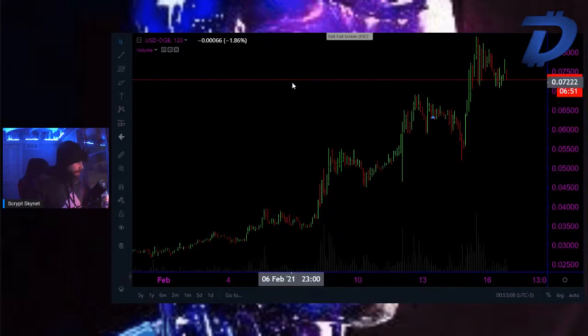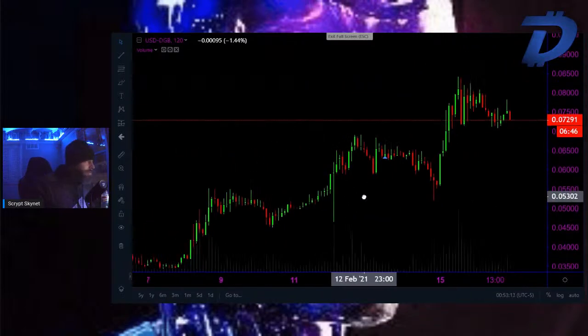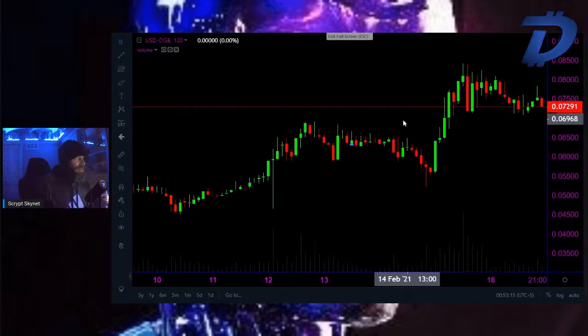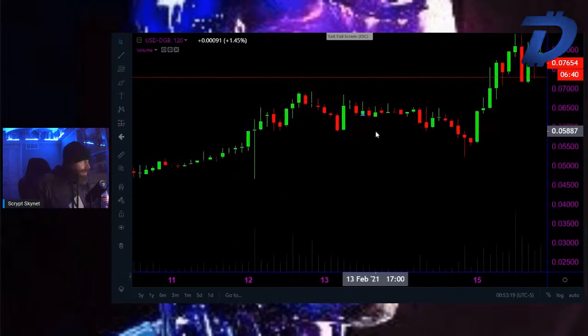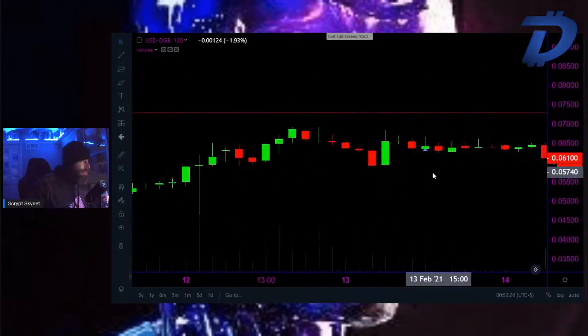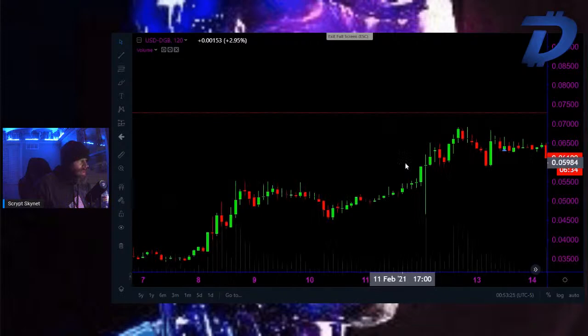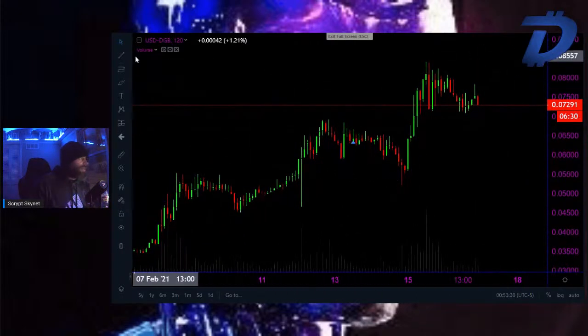All right, looking good. So as you can see, I changed this chart here so I can see it. You can clearly see these candles a lot better. Let's get into it. I also changed my Fibonacci tool, so that's what I'm going to talk about.